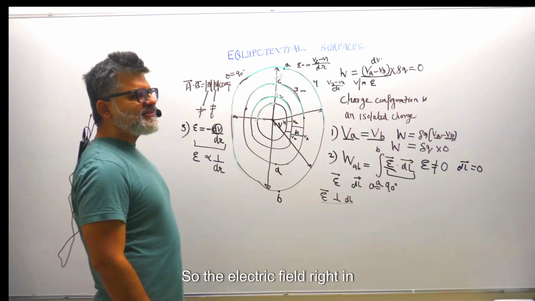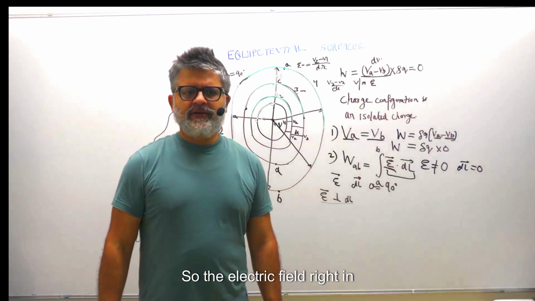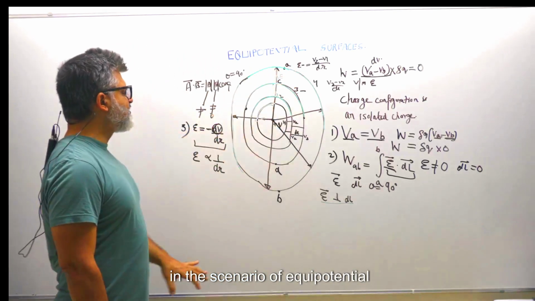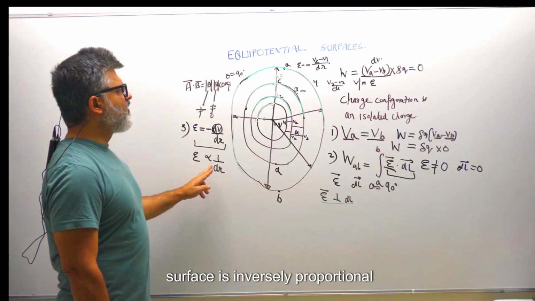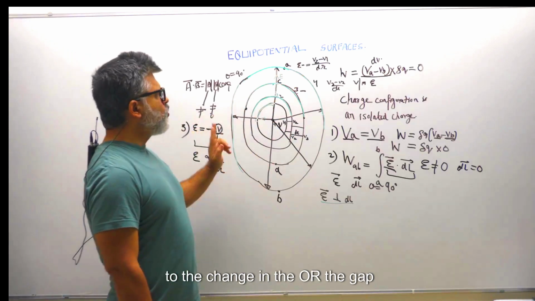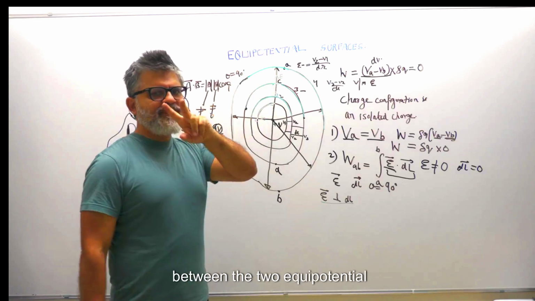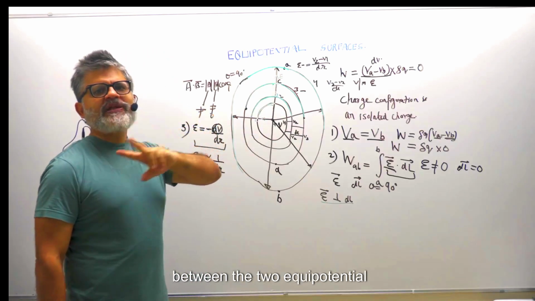So the electric field, in a scenario of an equipotential surface, is inversely proportional to the gap between the two equipotential surfaces.